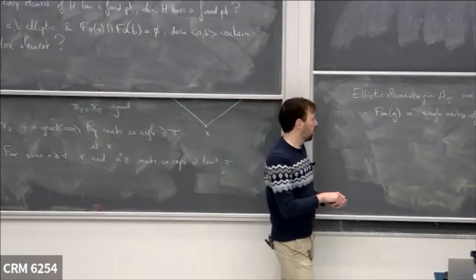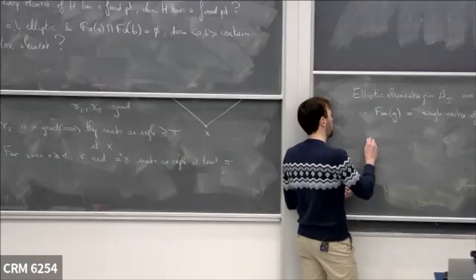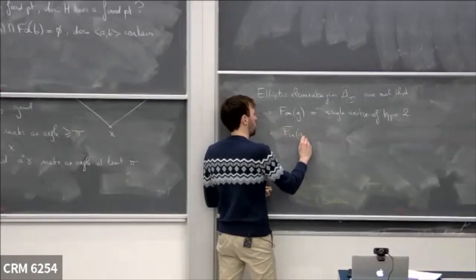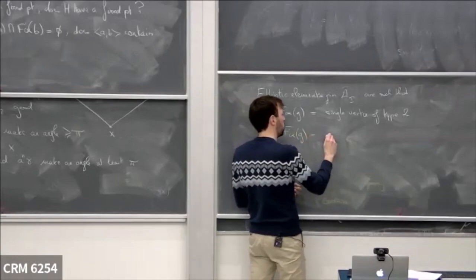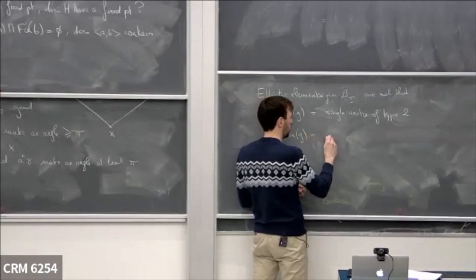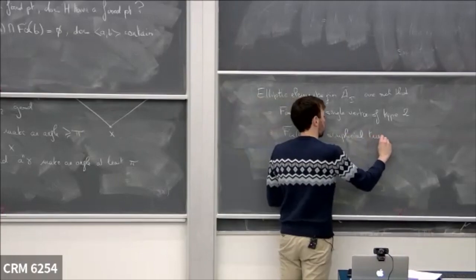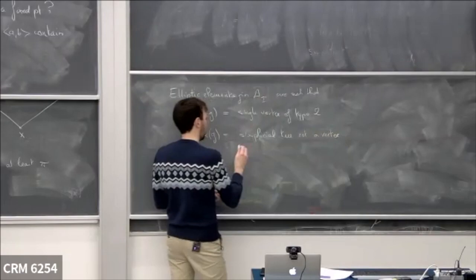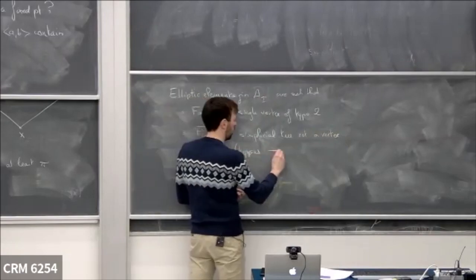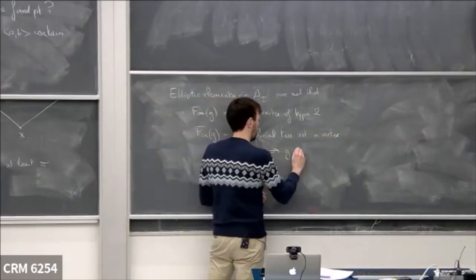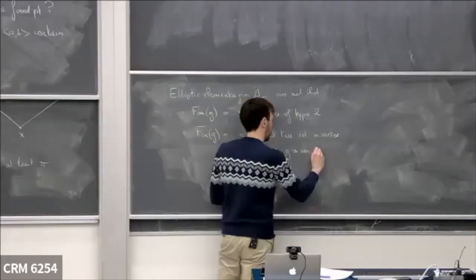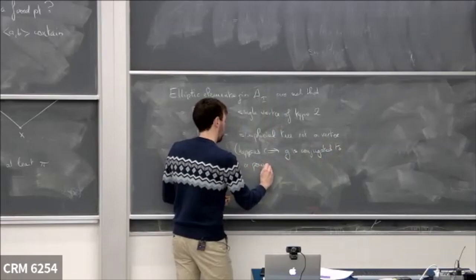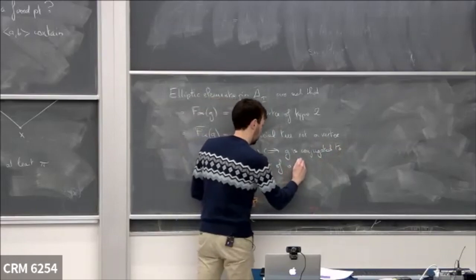So it's a nice situation. But what can also happen is a non-trivial fixed point set, a tree with at least one edge, so not a vertex. And that happens if and only if g is conjugated to a power of a standard generator.